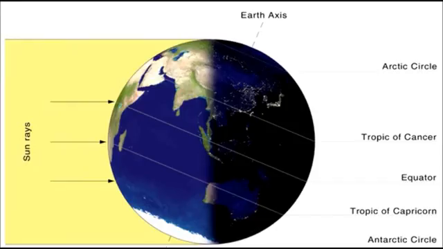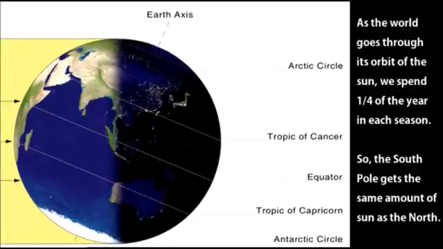So first, let's take a look at this beautiful picture of the spinning ball Earth and realize that as the world goes through its orbit around the sun, we spend a quarter of the year in each season. So based on that, would you also agree that the South Pole gets the same amount of sun as the North Pole? It would have to, correct?